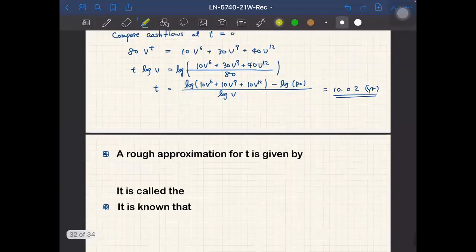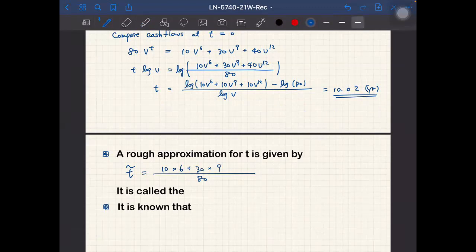So the linear approximation, t tilde, is just the weighted average of 6, 9, and 12, with weight 10 for 6, 30 for 9, and 40 for 12. This becomes 10.125, which is slightly larger than 10.02.